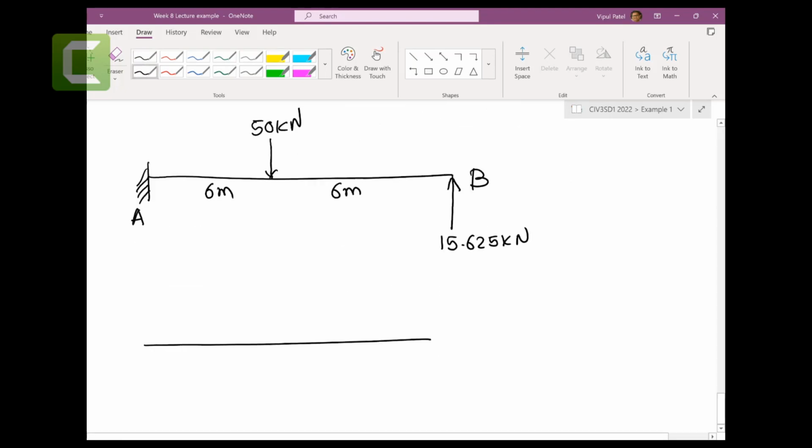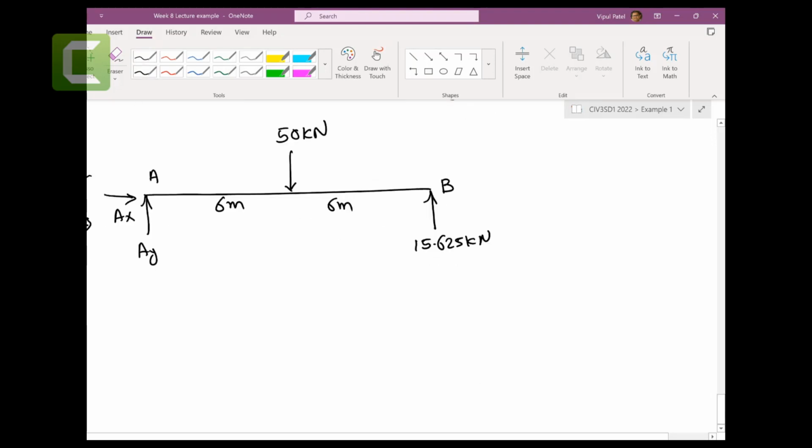That we can draw the free body diagram, AY, AX, MA, 50 kilonewtons, 6 meters, 6 meters, and point B has 15.625 kilonewtons.